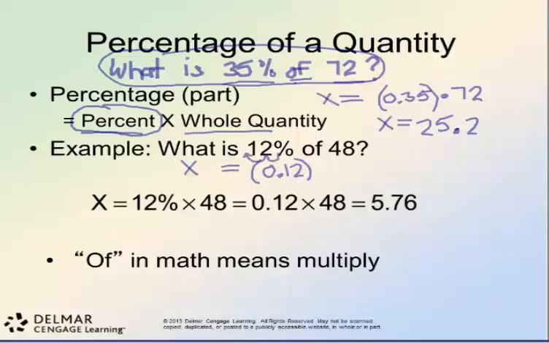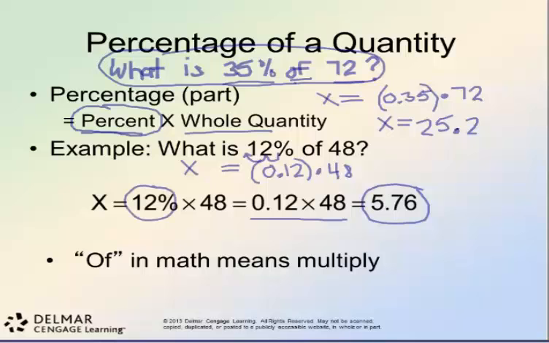Of tells us to multiply by 48. 0.12 times 48 is 5.76, which is not a percentage. It is just a number. So our value is the number 5.76.